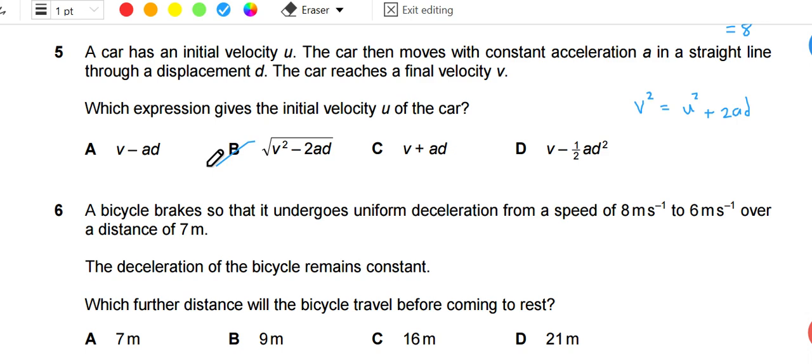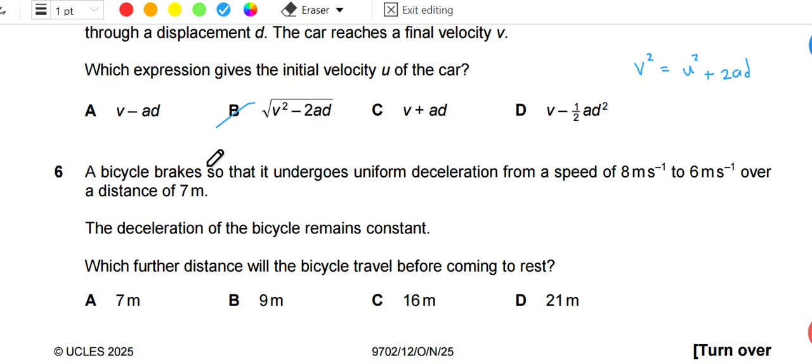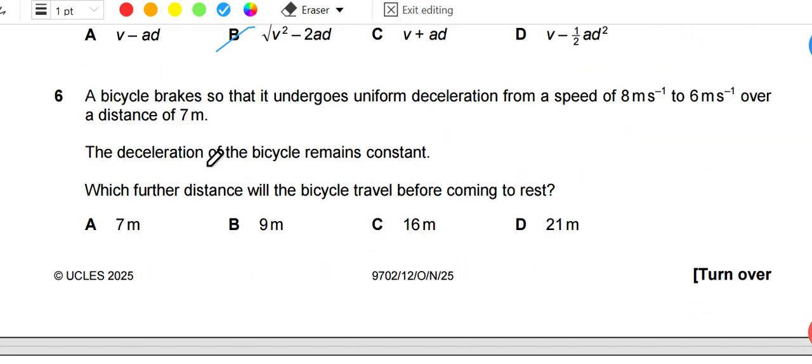A bicycle brakes so that it undergoes uniform deceleration from speed 8 meters per second to 6 meters per second over a distance of 7 meters. The deceleration is constant. What further distance will the bicycle travel before rest?